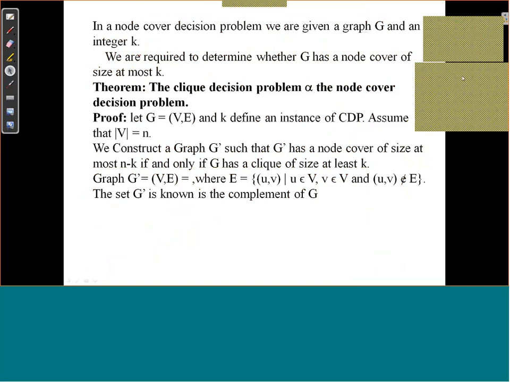Next. So in order to prove the node cover decision problem, we have to take one theorem. The theorem is nothing but clique decision problem reduces to node cover decision problem.